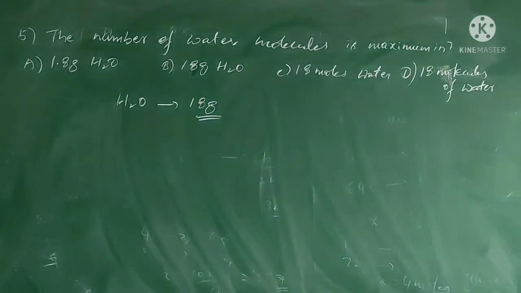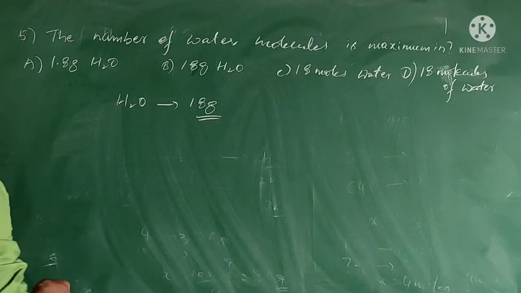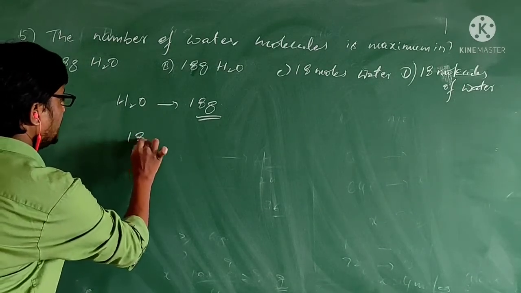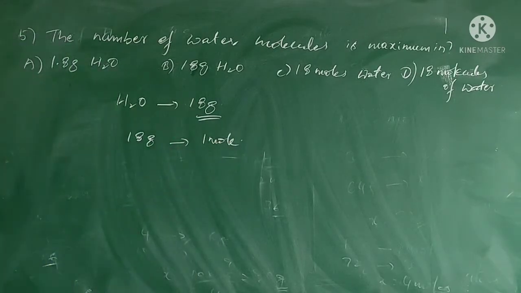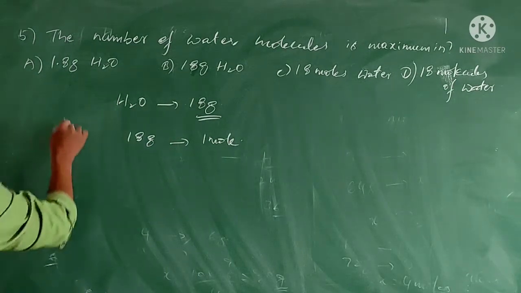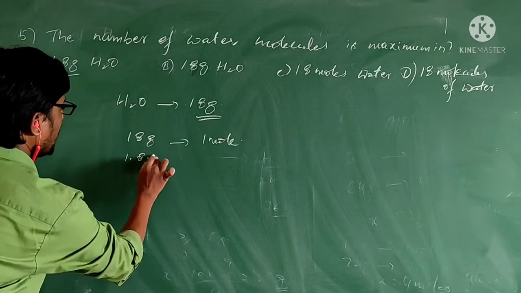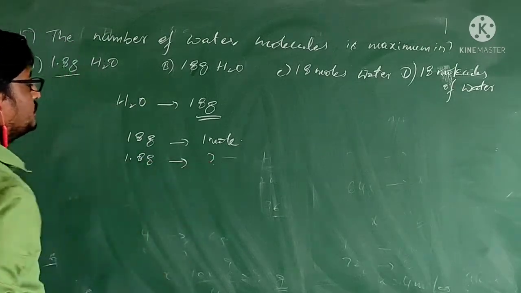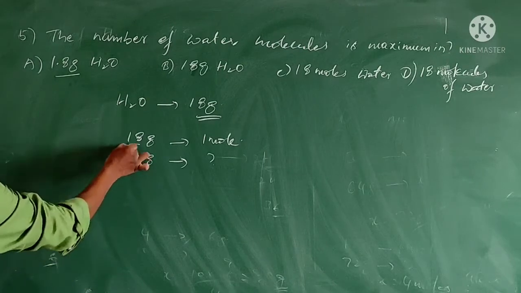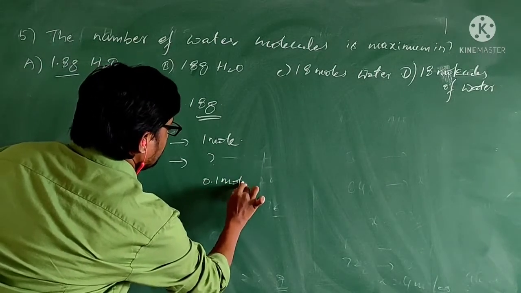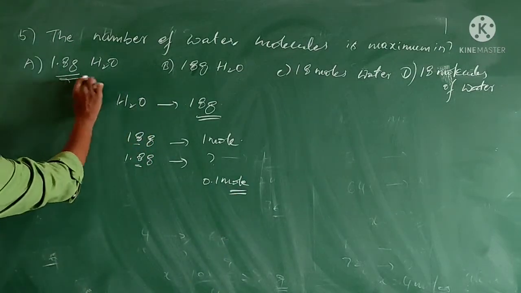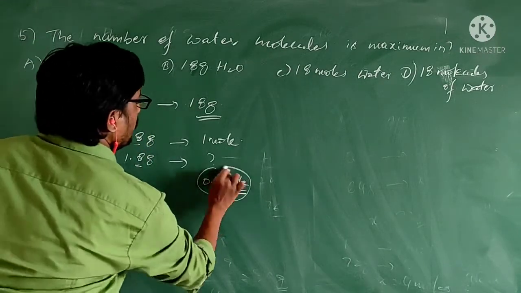Here 18 grams represents 1 mole. Then 1.8 gram represents how many moles? 1.8 is 1/10 of 18 only. So it will be 0.1. So 1.8 grams represents 0.1 mole.